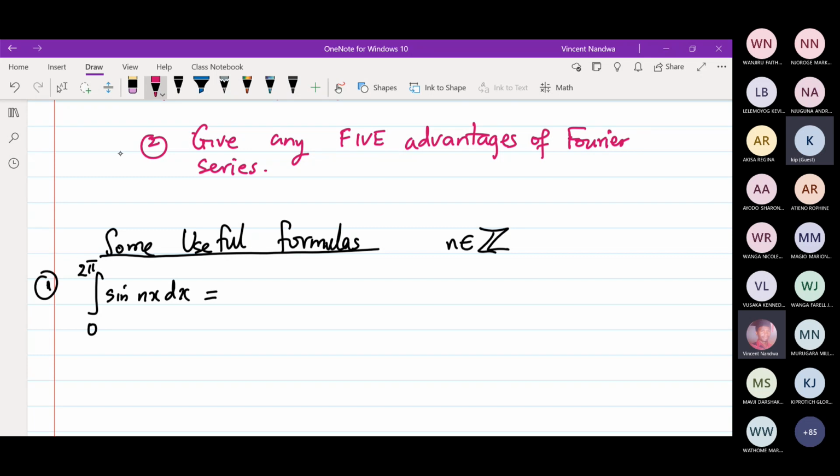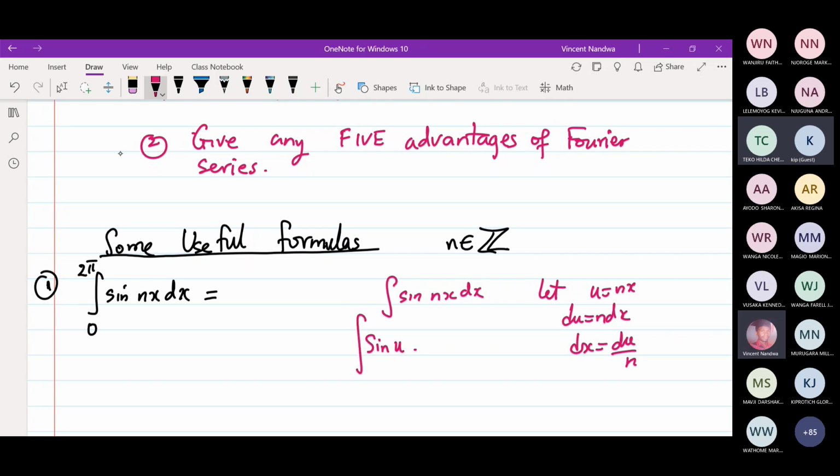So the main question is, what is the integral of sine of nx dx? Which integration technique do you apply? Substitution. So you'd say let u be nx, which means du is n dx, which means dx is du over n. So this will be the integral of sine of u times du over n. You pull out 1 over n to get 1 over n integral of sine of u du.